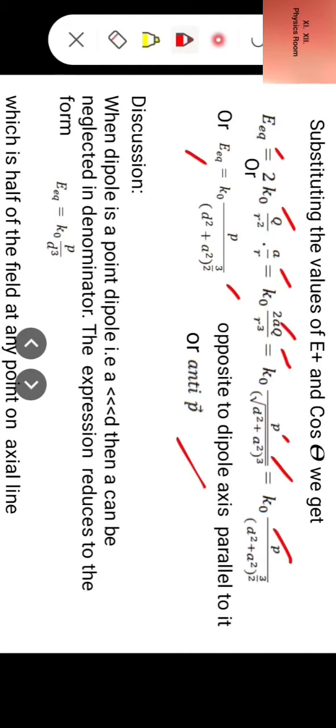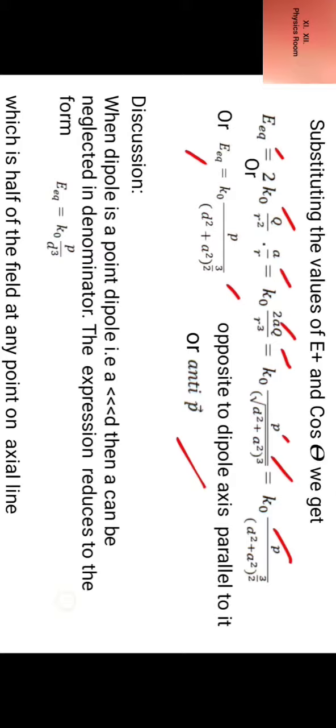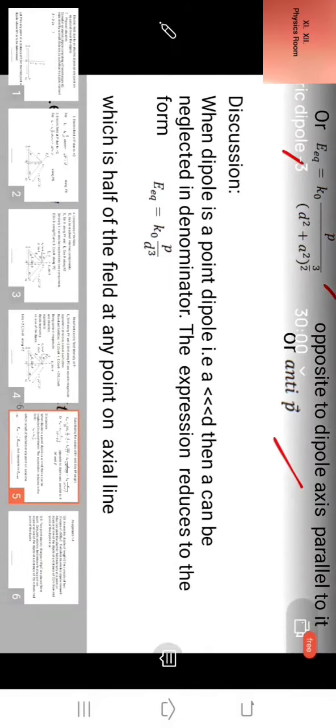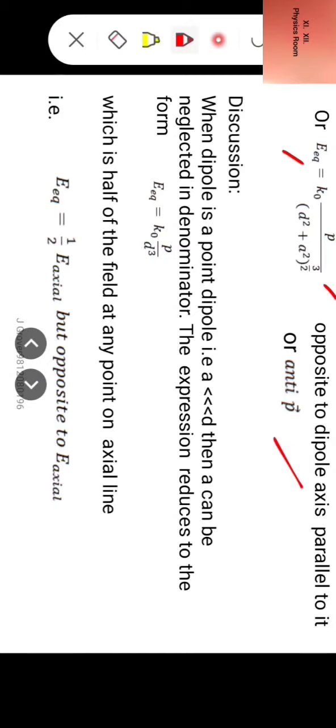Now we discuss the result. In the discussion, we see when the dipole is a point dipole, that is A is very small as compared to D, then A can be neglected in the denominator.